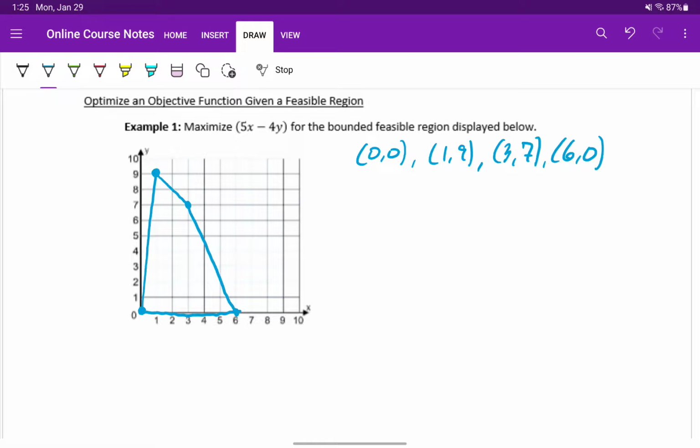And what we're going to be interested in are these different points or the corners of that bounded feasible region. Those are going to be our test points that we'll plug into the expression 5x minus 4y to see which one in this case gives us the maximized or largest function value.